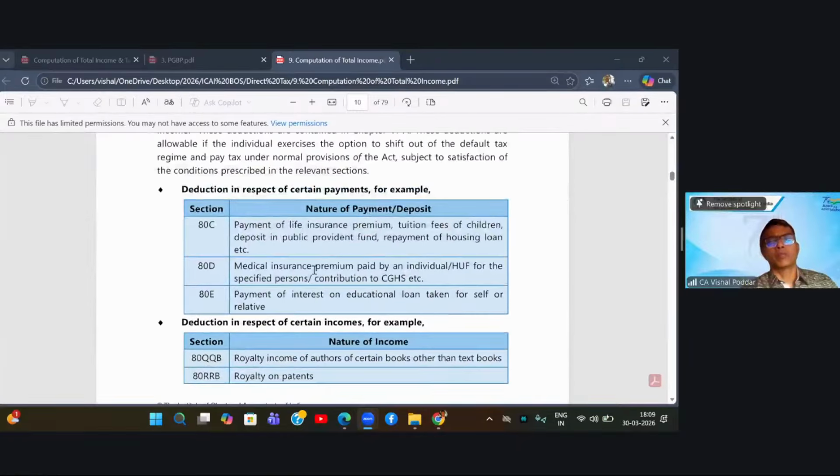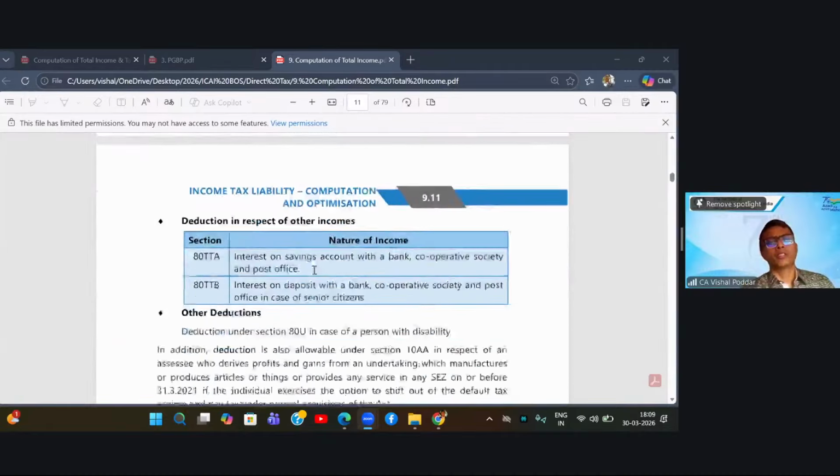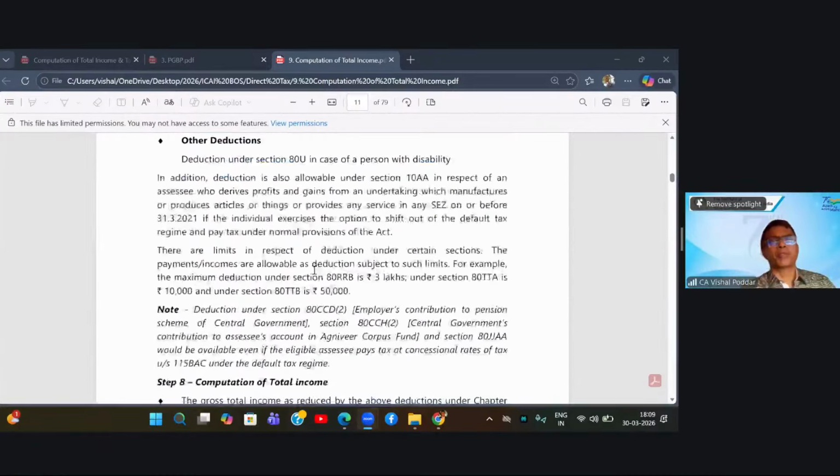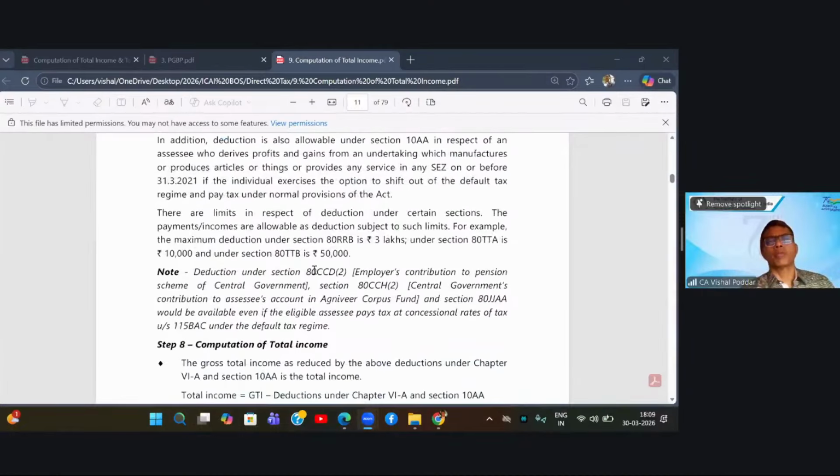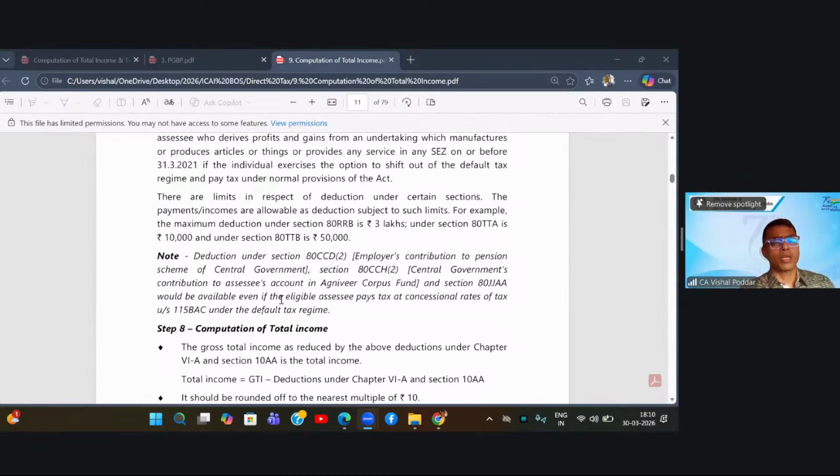Now see, there are multiple deductions which we have studied in the deductions chapter, but only a few of them are available in the new scheme. What are those? Deduction under 80CCD(2), that is employer's contribution to the National Pension Scheme. Similarly, 80CCH(2), that is the central government's contribution to the Agniveer scheme or the Agniveer corpus.